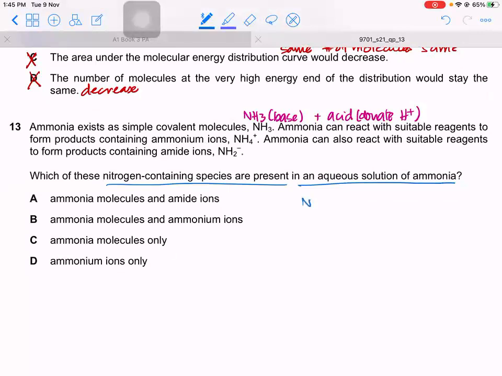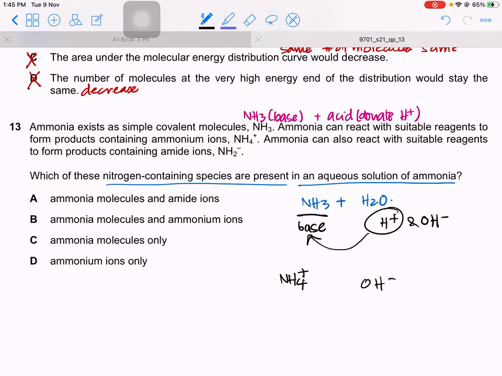Aqueous solution of ammonia means ammonia with water. You know ammonia is a base, and water has H plus and OH minus. So water will lose the H plus, and with this ammonia will make an ammonium ion, and you will have OH minus left behind.